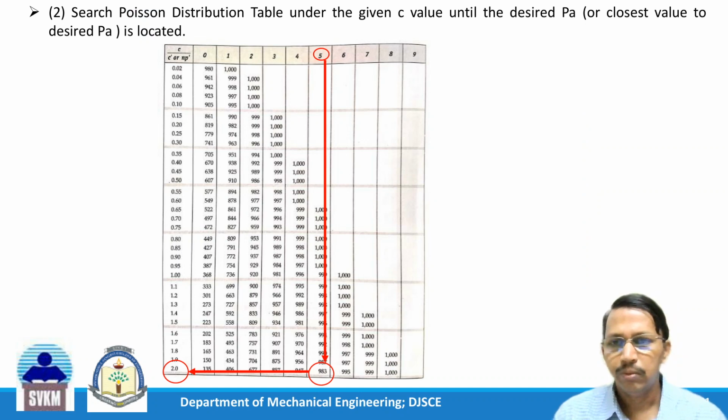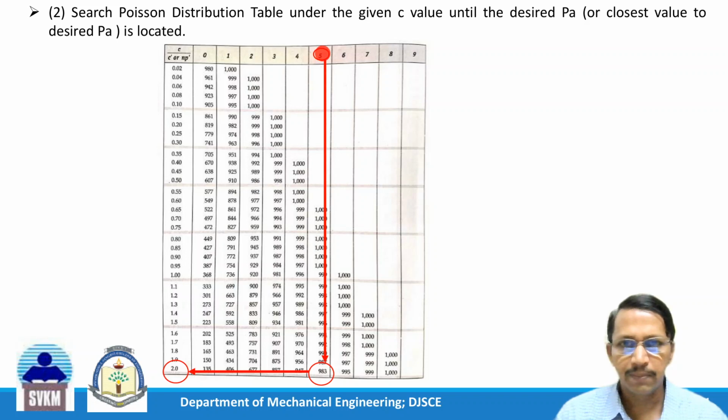Now step 2. Search Poisson distribution table under the given C value until the desired PA or closest to the PA is located. Now what to do here? See, this is a table, Poisson distribution table. Here the columns are given like this. In this column you have NP dash and C, that is acceptance number, here.